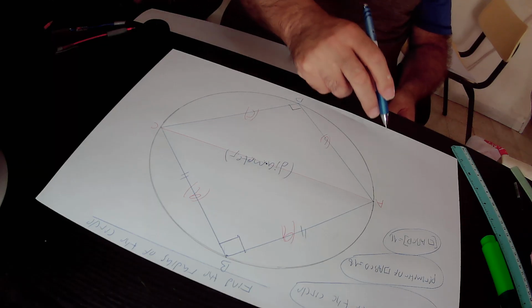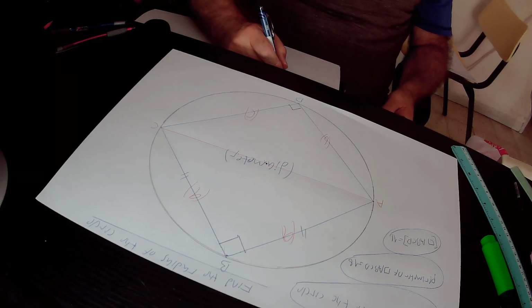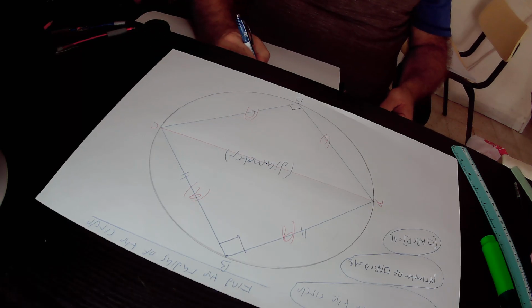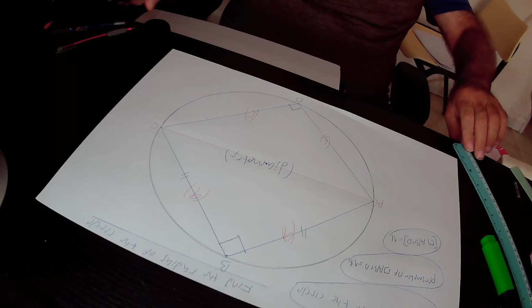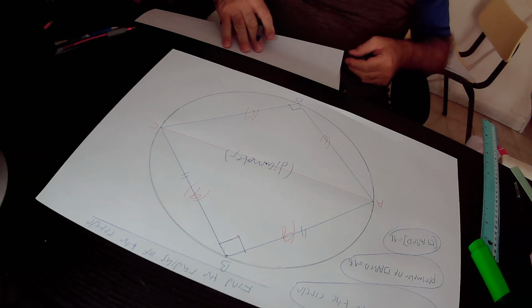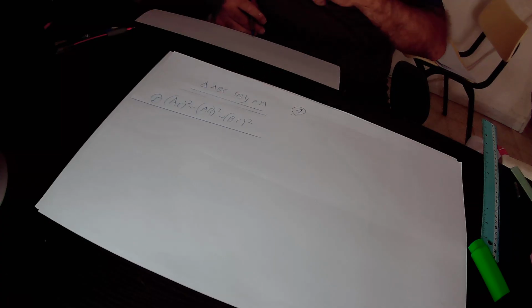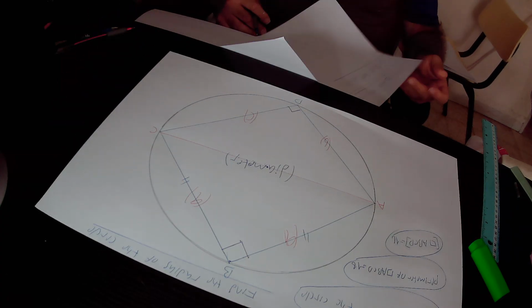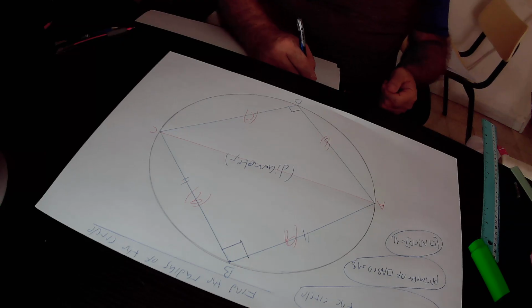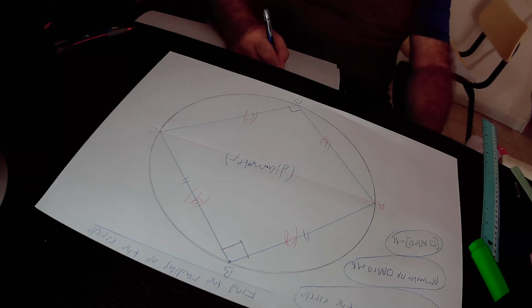So AC squared equals AB squared. AB is A, therefore AB squared is A squared, plus BC squared.